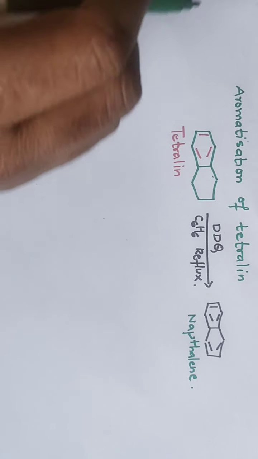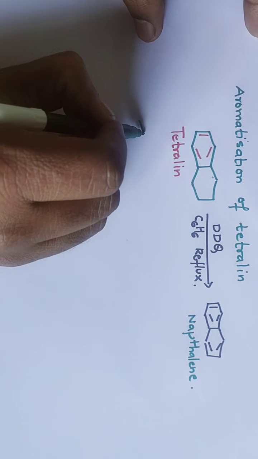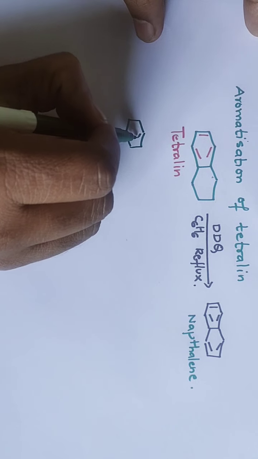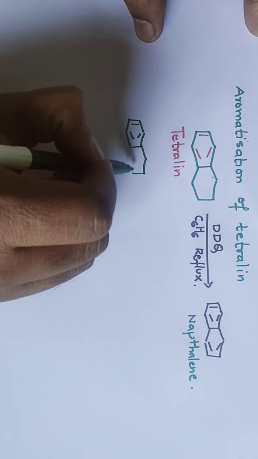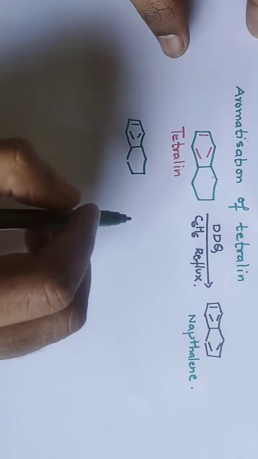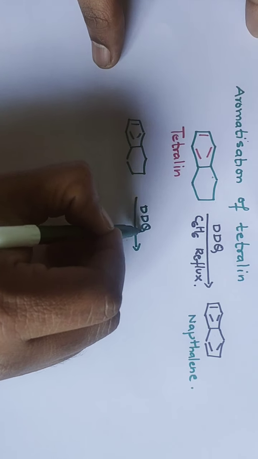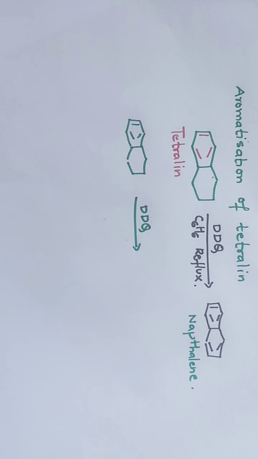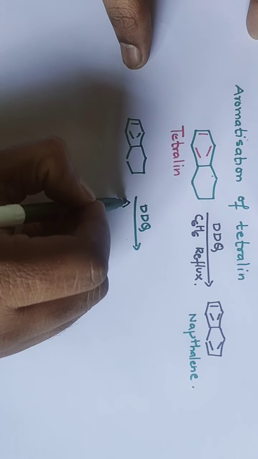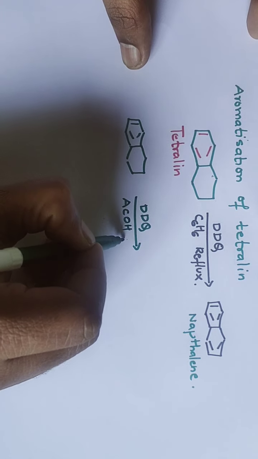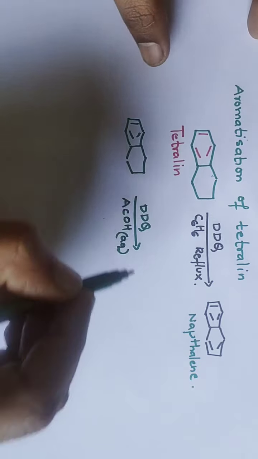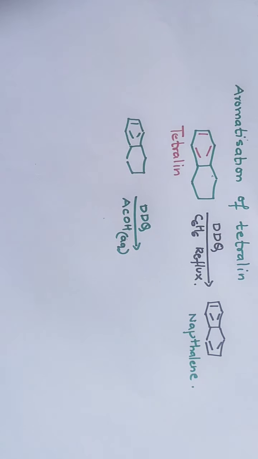See, the same tetraline, when it is treated with DDQ in aqueous acetic acid, that is aqueous acetic acid, what happens is benzylic oxidation takes place.